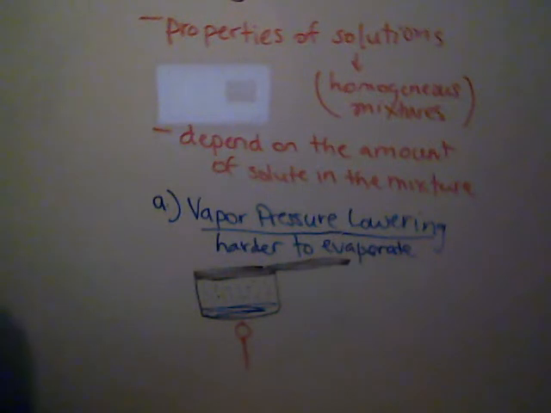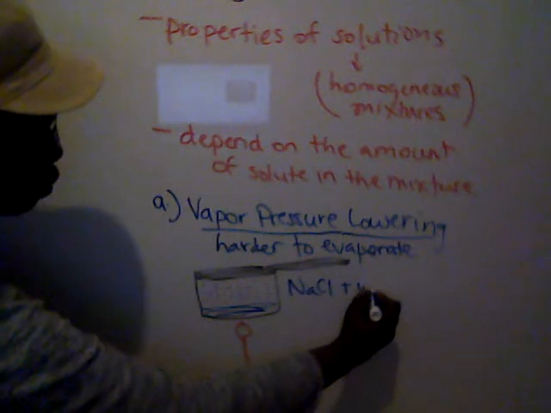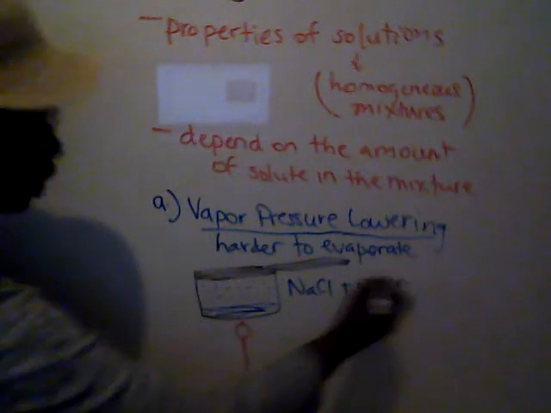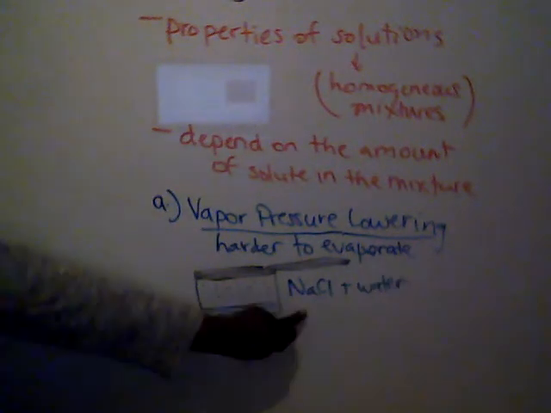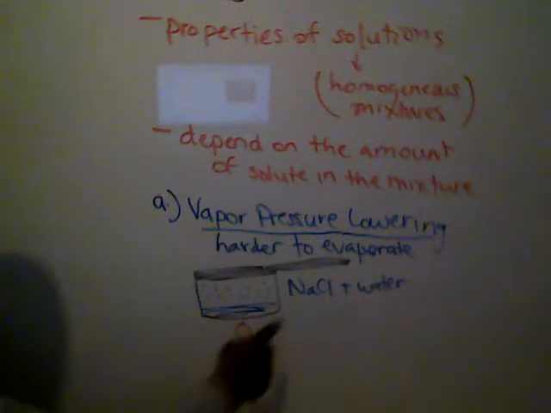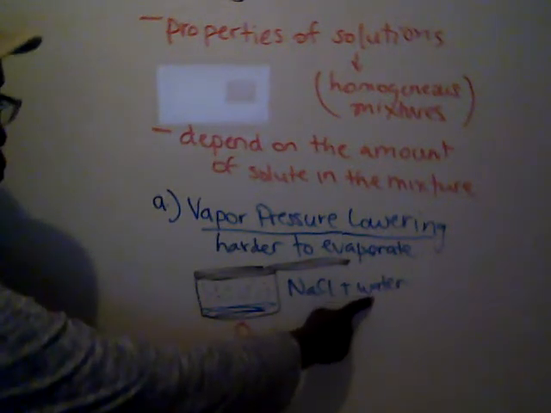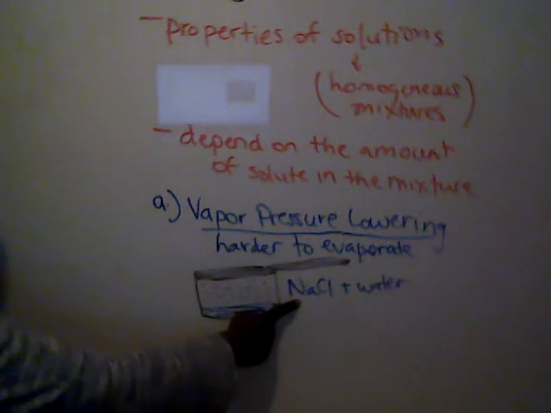Now, if we think about why that is, if we were to dissolve, let's say, salt or NaCl, and put that in water, water we know is a liquid that can evaporate, but salt is a solid. Even though it dissolves in the liquid, salt doesn't evaporate. If we have salt on the table, it's not going to all of a sudden evaporate into gas. So when we make this mixture, we have some things that are going to be easily evaporating, like water, and other things that are not going to easily evaporate.